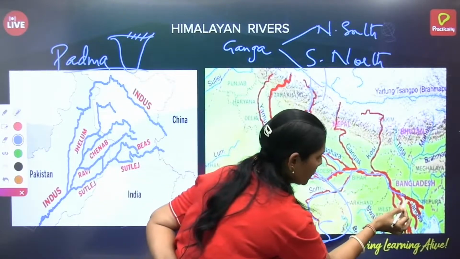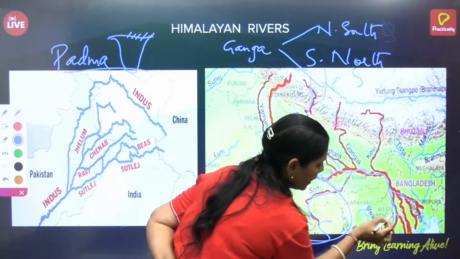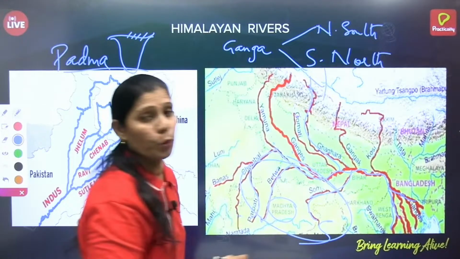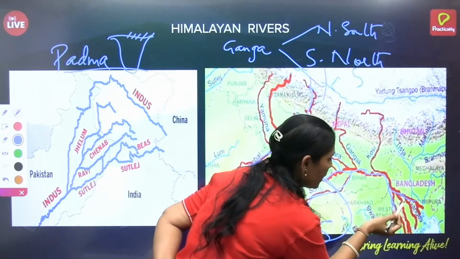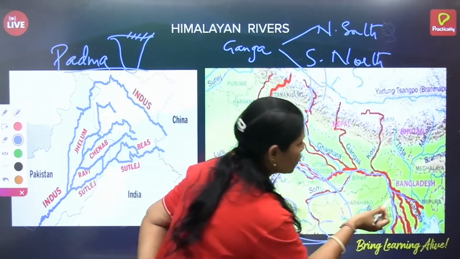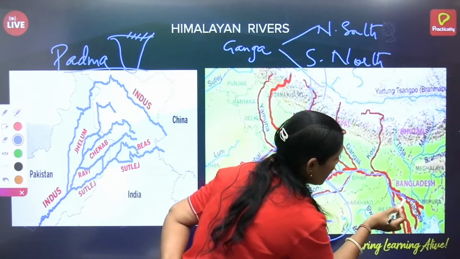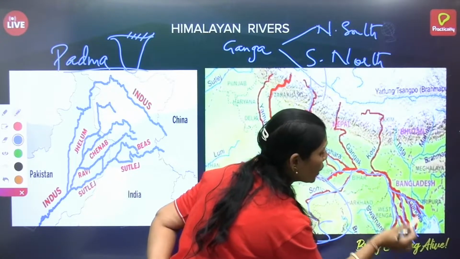Here it's called Padma, and down in India, in West Bengal, it flows as the Hooghly and different other streams we can find. And the Padma river, which is called so in Bangladesh, flows in Bangladesh, and by the end of its journey it forms many deltas.